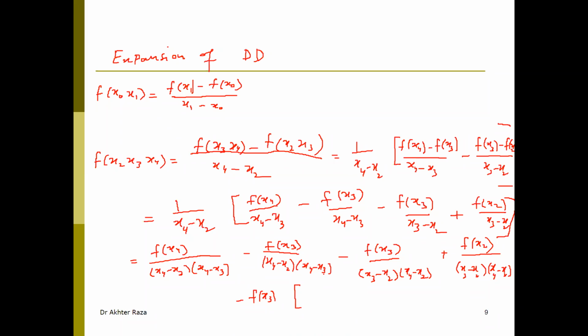If I take LCM of these two terms, so this will be equal to x4 minus x2, written one time because it has two times, then x4 minus x3 and x3 minus x2.